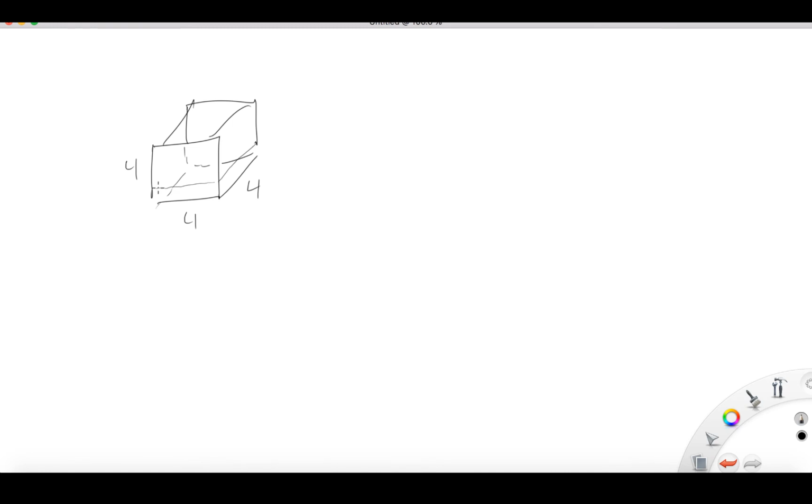So we're only looking at these 2 dimensions. Notice it only asks for the base. That means we only have 4 times 4. 4 times 4 gives us 16. Now if we wanted volume, we would multiply by the height, and it would be 16 times 4, but we're not after that. We're only after the base.